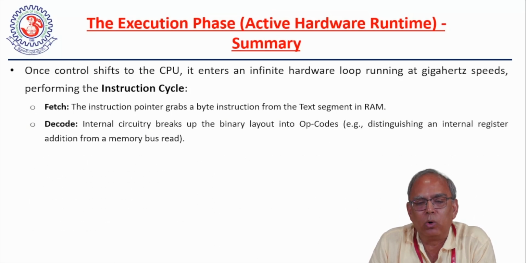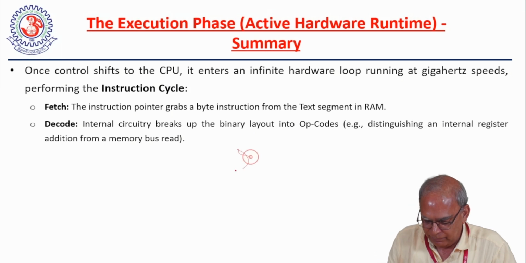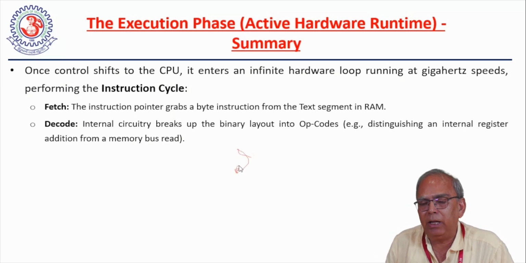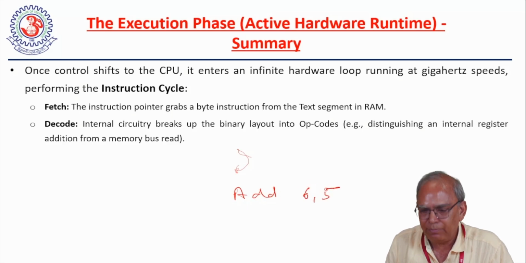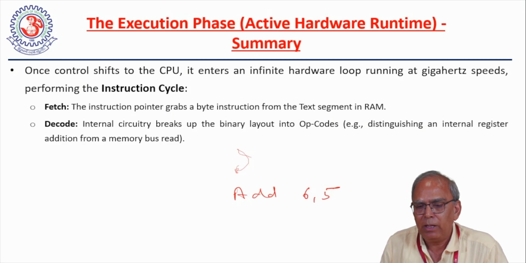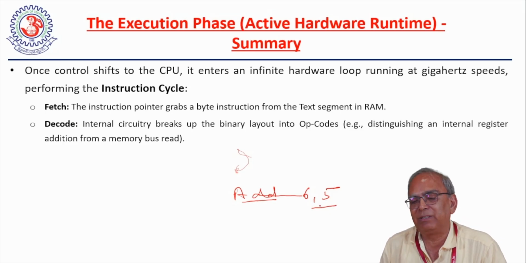First it decodes. What is the internal circuitry required for that binary instruction? That is called decoding. So, the internal circuitry breakup, the binary layout. Let me just give you an example. The instruction may be something like this: add 6, 5. I've just taken a very simple example: add is the instruction, and 6 and 5 are what we call operands.